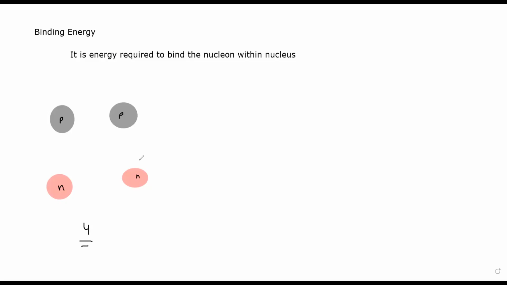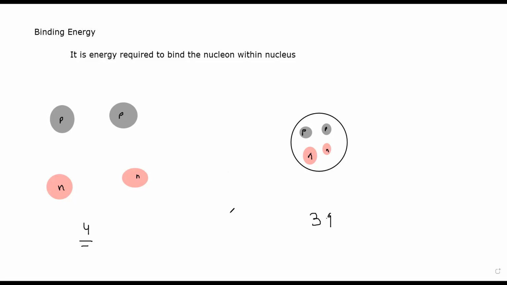Now, if these particles are present in the nucleus, when we measure the mass of the nucleus, the same number of particles, we find that there is a difference between the mass when the particles are independently outside the nucleus and the same number of particles inside the nucleus. The mass of the nucleus comes out less than when they are independent.